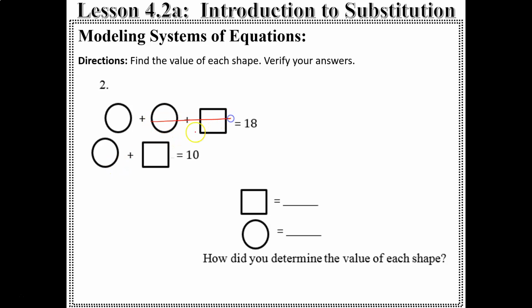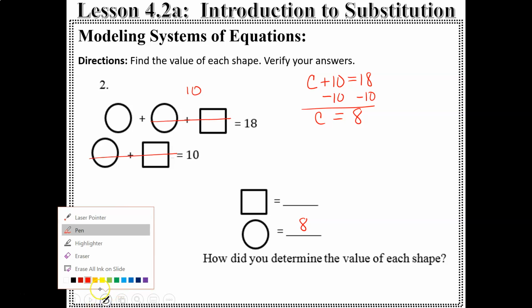If I take this circle and a square and substitute in 10, because down here it says the circle and the square is worth 10, then I have a circle plus 10 equals 18. If I subtract 10 from each side, I know that a circle is worth 8.